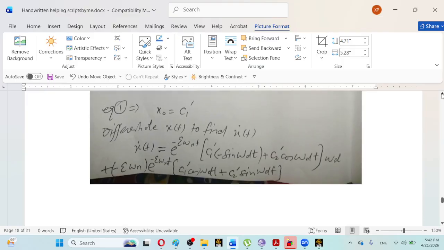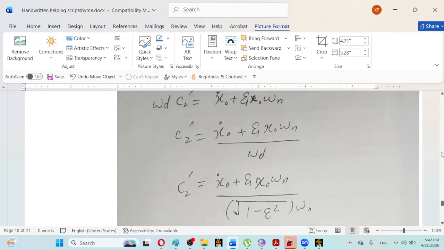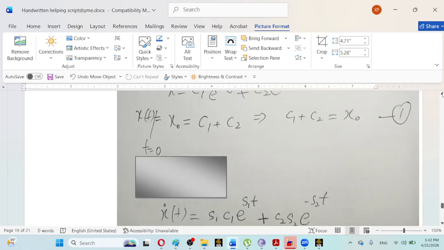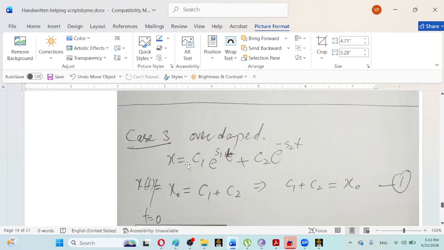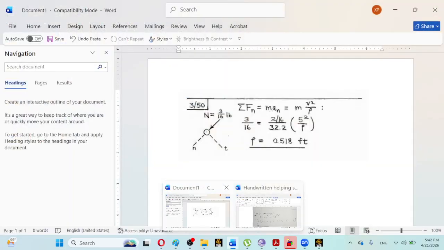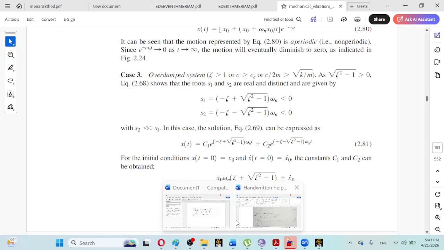For case 3, the overdamped case, as we can observe here, just to save writing effort, I have used these exponents as s1 and s2 because these are constants. So c1 e^(s1 t) and c2 e^(s2 t), just to save effort.